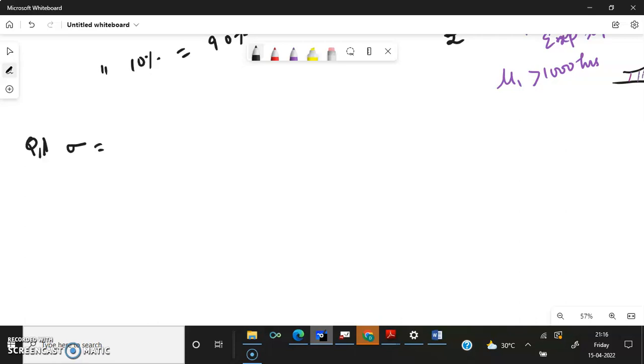Okay, question 1, what is given? Sigma is 1.6, and Z alpha by 2 is 1.96. X bar equal to 90. These are all given in the question. Z alpha by 2 is 1.96, this is from the table.